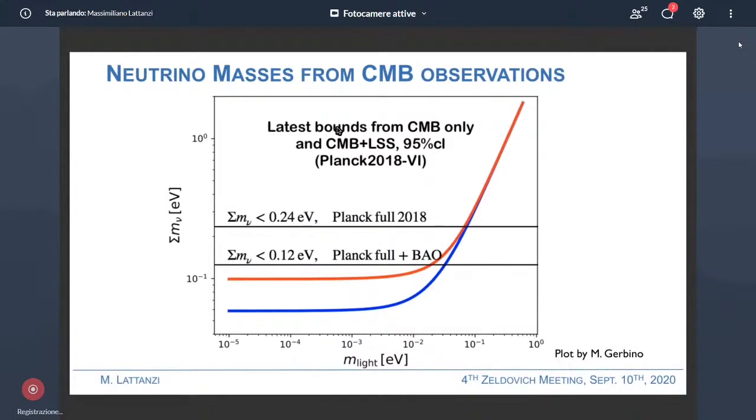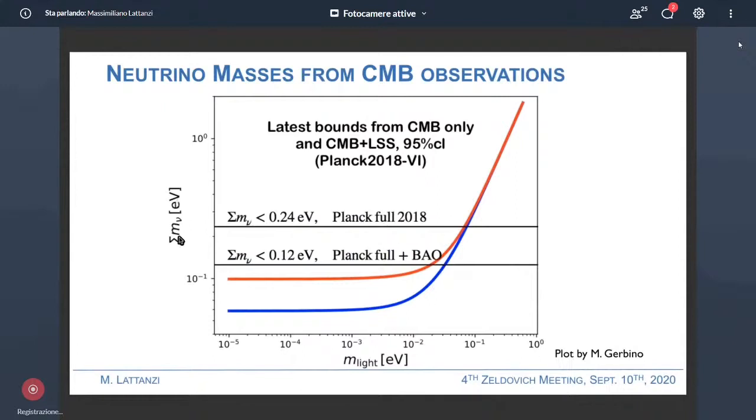One is the bias that we have heard about today, and the other one is nonlinearities, which are important at small scales, which is exactly where the effect of neutrinos is more important. So here I'm using only BAOs. This is a typical way of showing these results, which is the mass of the lightest neutrino.